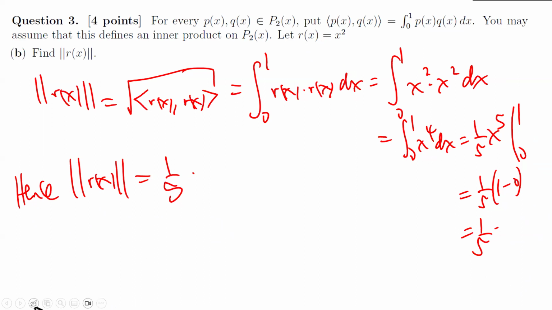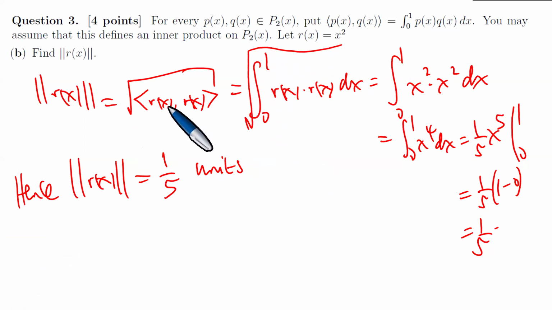So which means the length of this, its length, right. Obviously, this course is linear algebra, so it is 1 over 5 units. And because it is 1 over 5 units, once again, it is the square root of that.